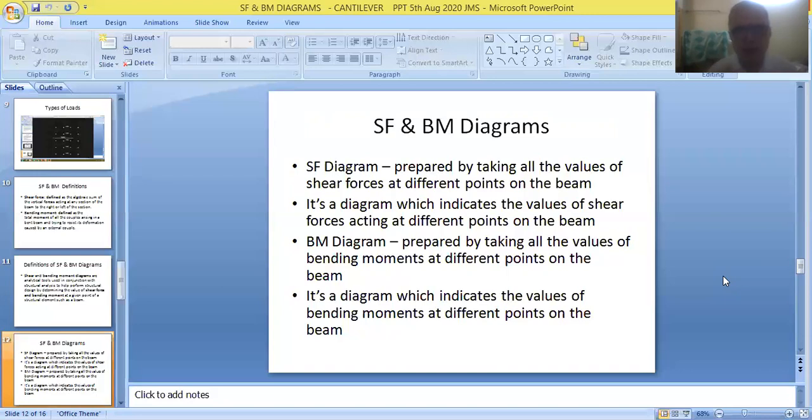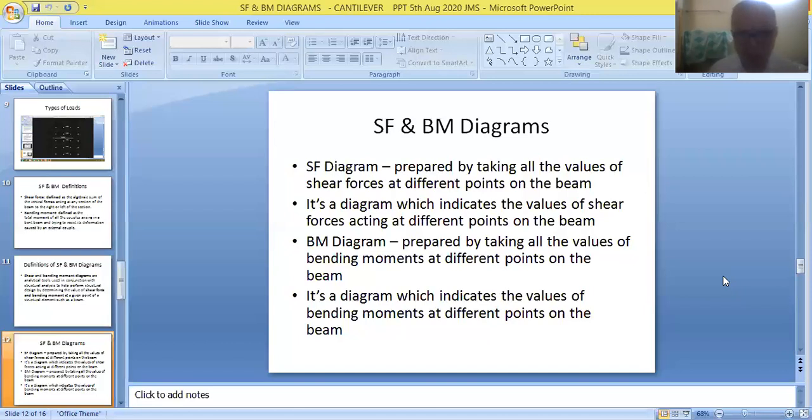And similarly, the bending moment diagram is obtained by taking all the values of bending moments at different points on the beam. Naturally, it will be indicating values of bending moments at different points on the beam.